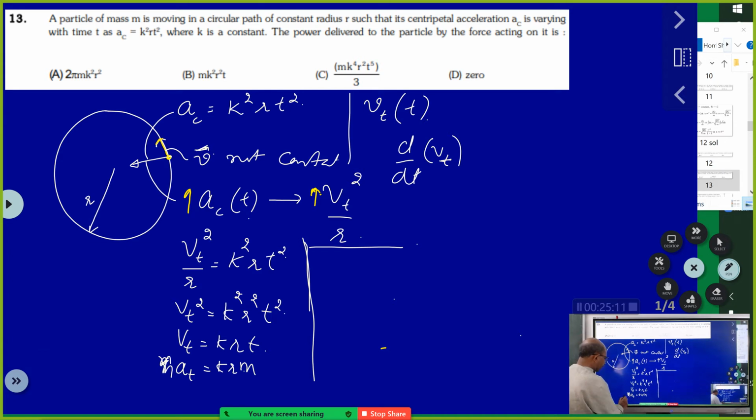Then this tangential force, you multiply by Vt on both sides. This becomes the power delivered, since power is delivered to increase that velocity. So you can knock off this m here and write the value.